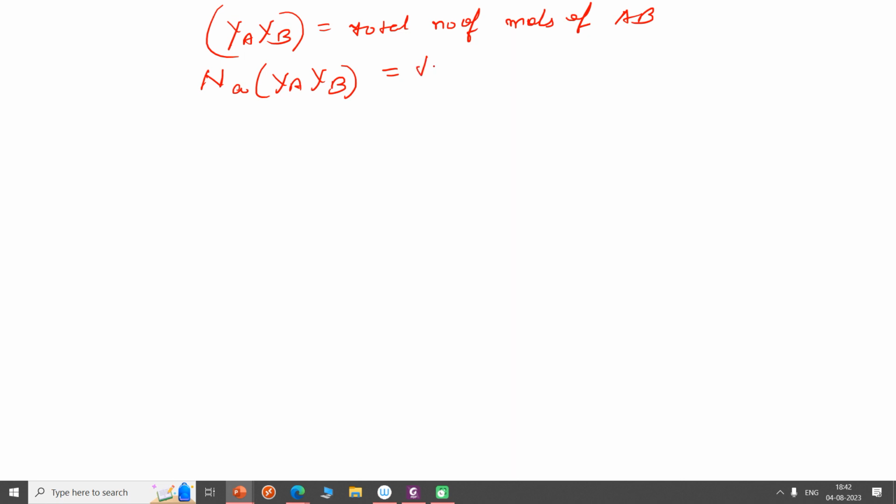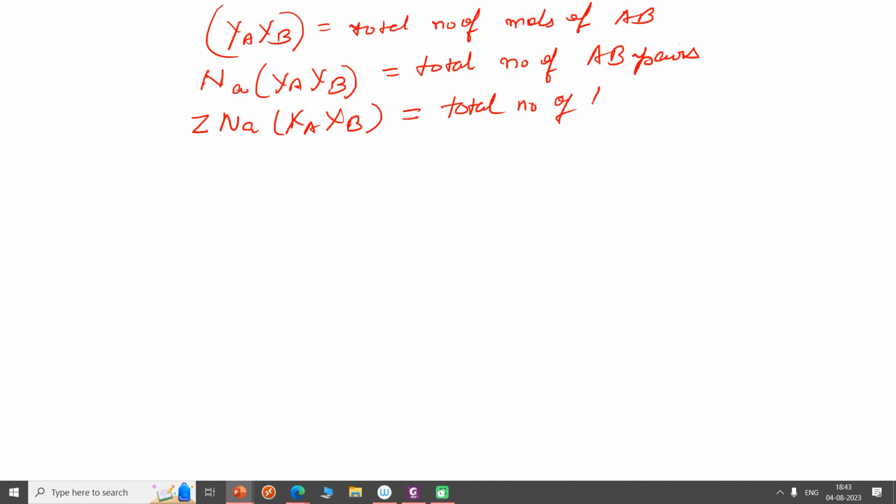Chi A, chi B is the total number of moles of AB, and if I just multiply with the Avogadro's number, this will give me the total number of AB bond pairs. If I just multiply it again with the total number of bonds per pair, it will give me the total number of bonds, right? Which is nothing but PA.